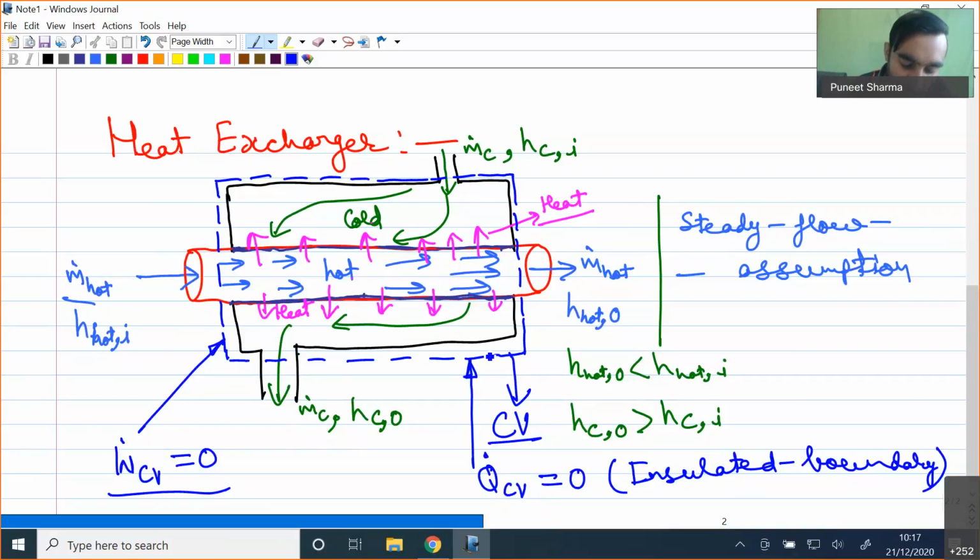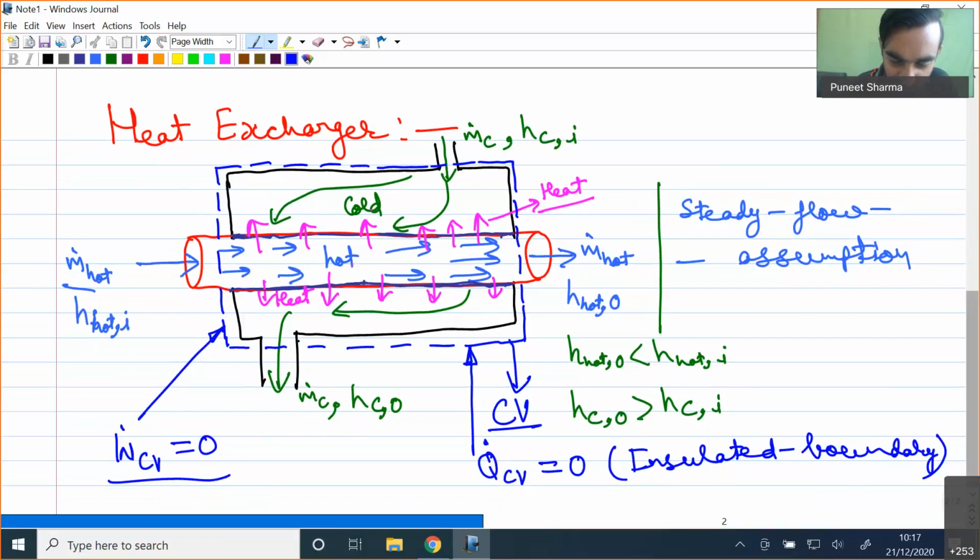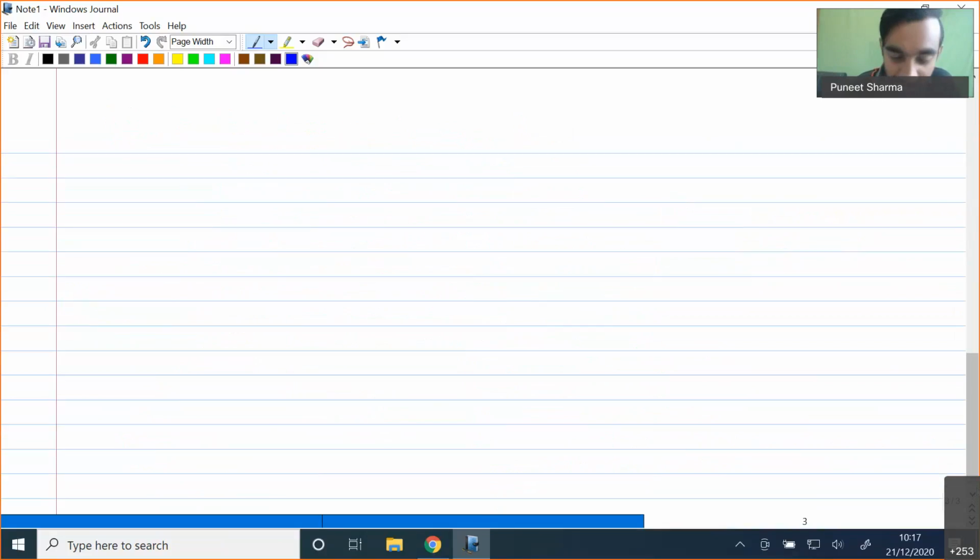Across the boundary of the control volume, we don't have any interaction of energy. Now let me write down the steady flow energy equation for this system. If I write the steady flow energy equation, M dot hot is coming in with enthalpy H hot I.